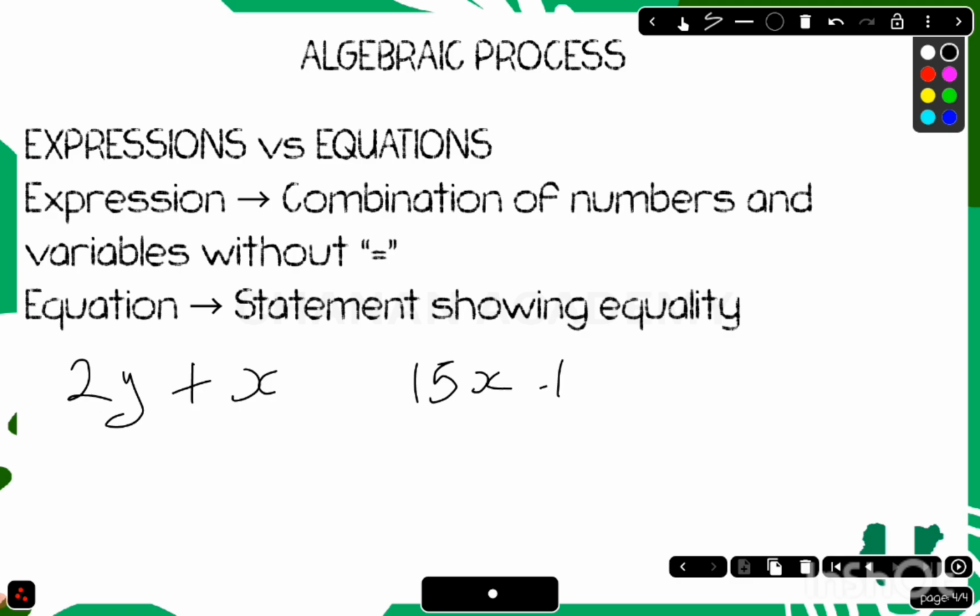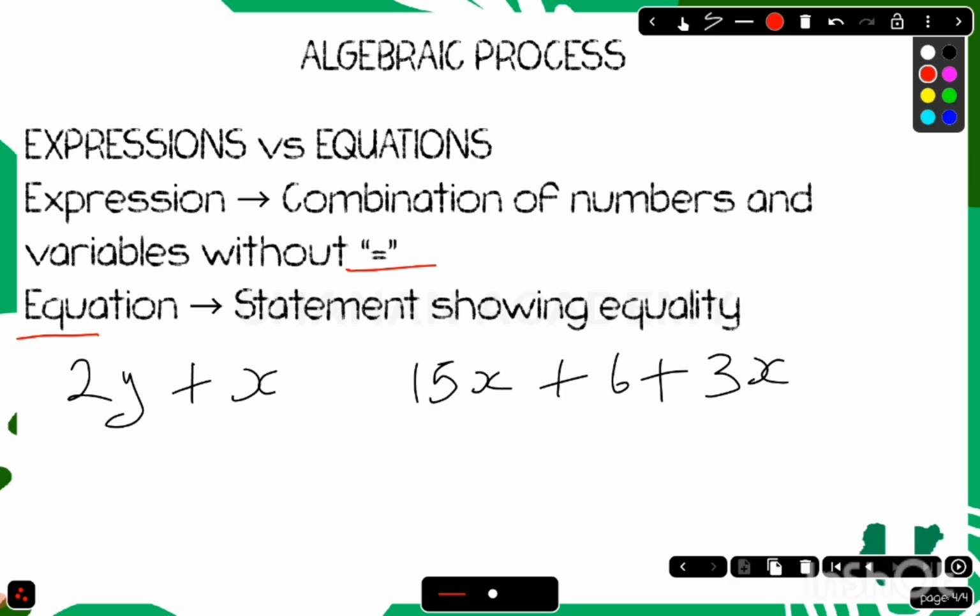You can also have example like 15x plus 6 plus 3x. This is an algebra expression. There is no equal to in this expression. While in an equation, now look at it, equation, so equal to, there's always an equality sign in algebra equation.